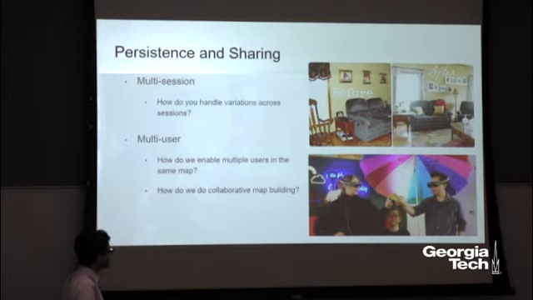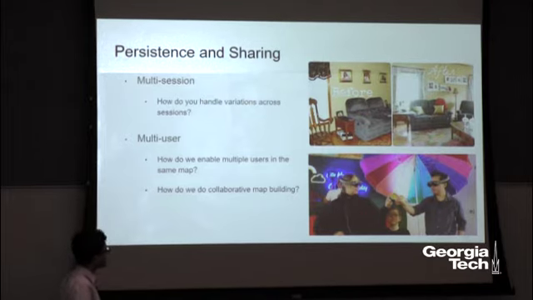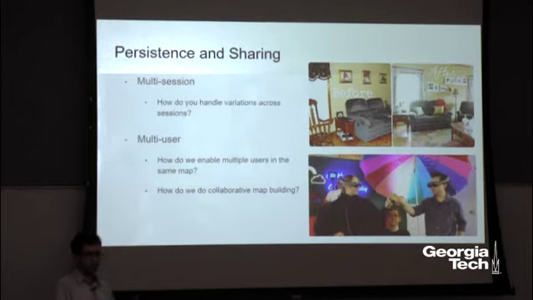And the other kind of use case is multi-user use cases. So say you and I are playing a game together. We want to play a virtual chess game. We place a chess board on top of a table, and we are moving chess pieces. I want to be able to see exactly what the other user is doing.